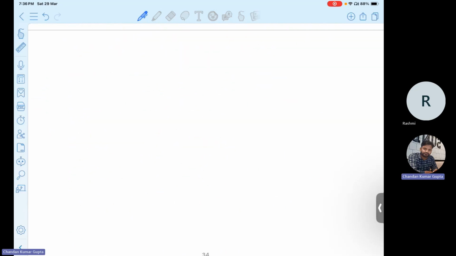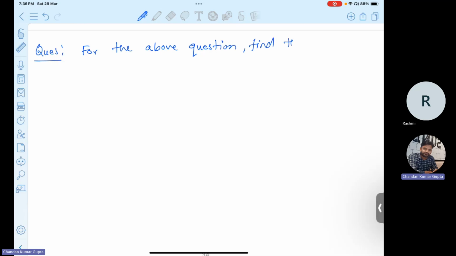Like we can also calculate the method of moments estimator for theta. For the same question, for the above question, find the method of moments estimator for the parameter theta.